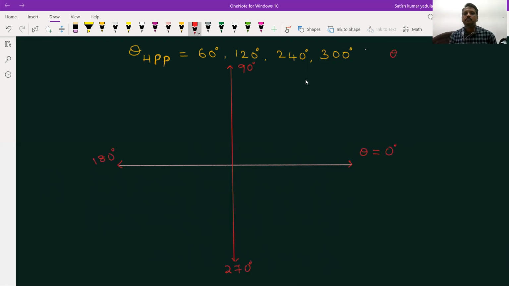Theta maxima direction is along 0 and 180, right? That means your maximum major lobe will be along this 0 and 180 degrees. You will have to take a very big lobe.